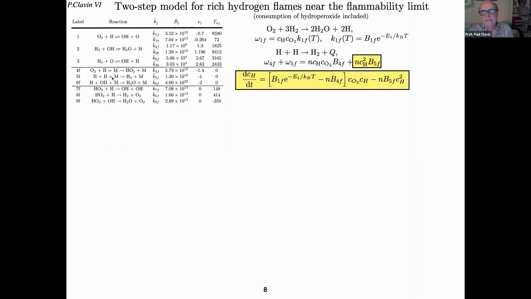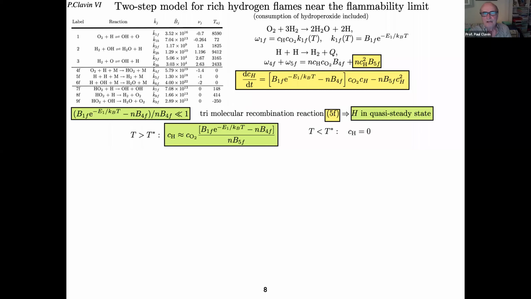Now, this simplification appears if you consider the case where this coefficient in the bracket here is relatively small compared to one of the two elements at the critical condition.